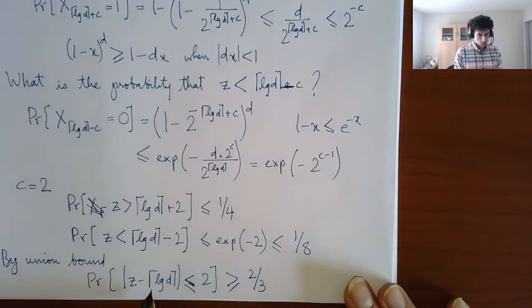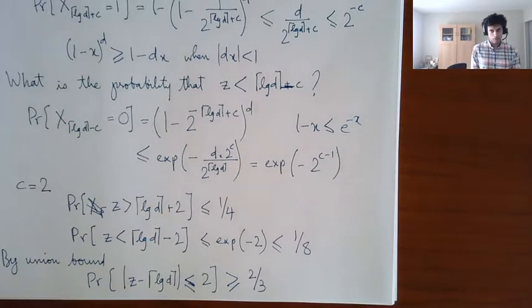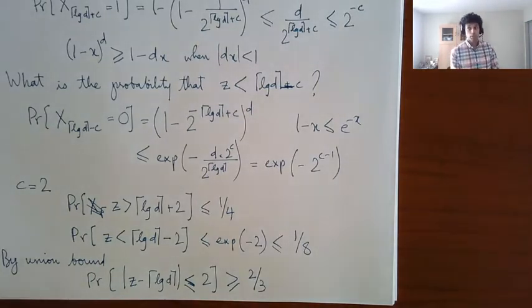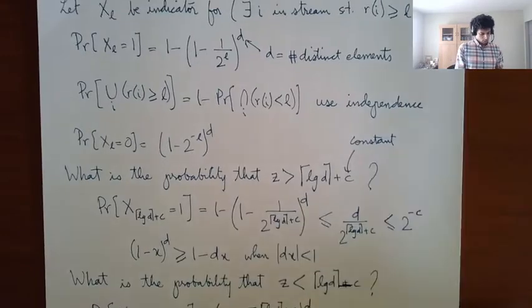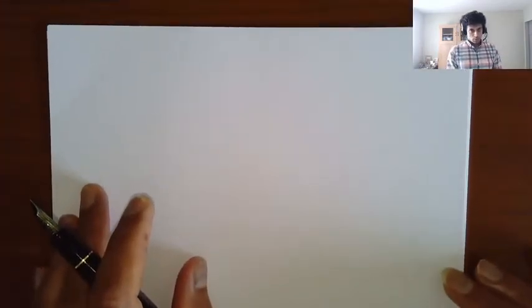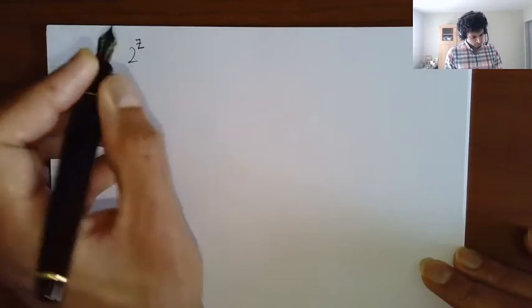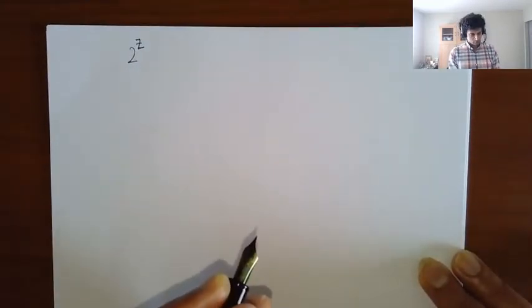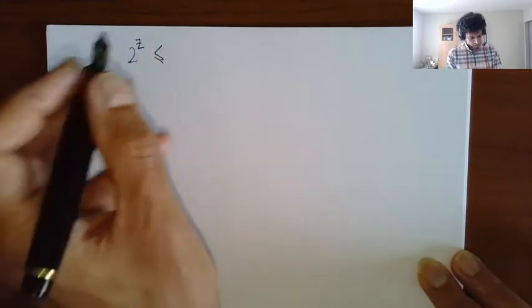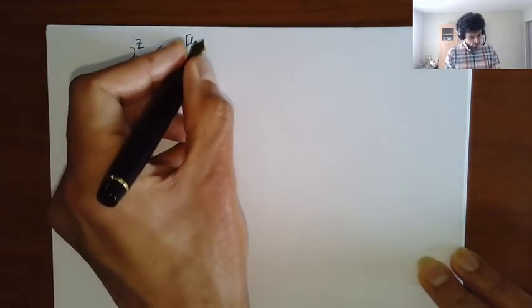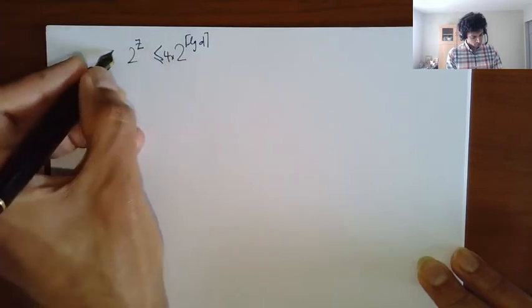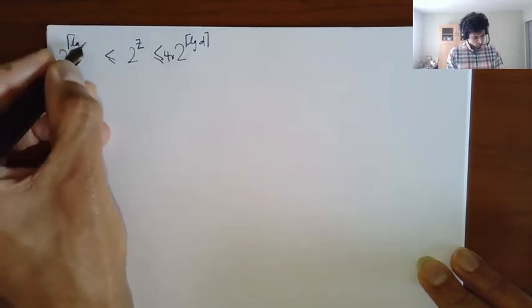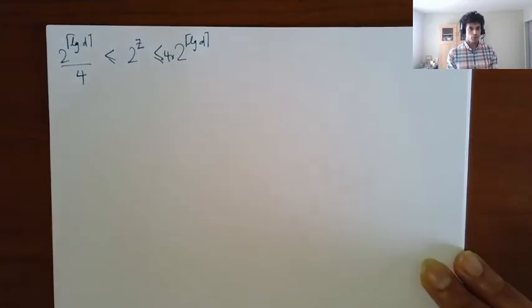Okay, so this means that we get an approximation for log D up to 2. Now, what this means is that 2 to the Z is between 2 to the log D times 4 and 2 to the log D divided by 4.